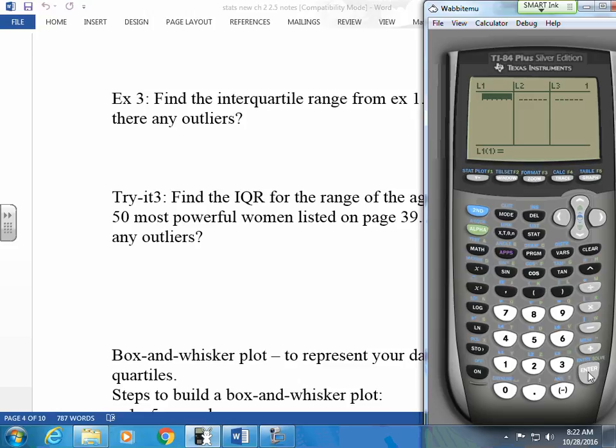Okay, put your data in, and they actually have it in order, so you're pretty good to find it in order. We're going to do everything with this one.